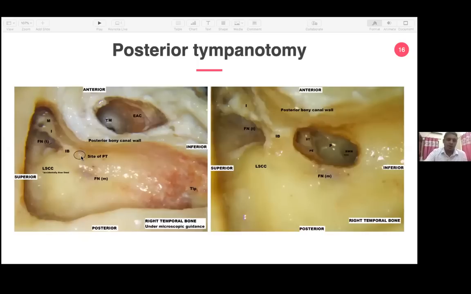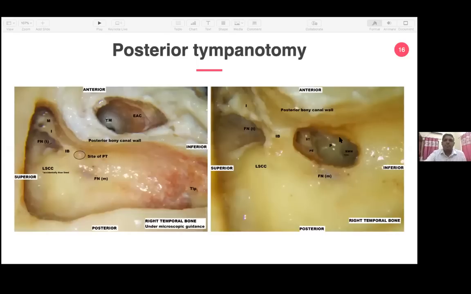Now we have something called boundaries for posterior tympanotomy. What are they? Superiorly the incus bar, inferiorly the facial and chorda junction here, that is called the chordofacial angle. Posteriorly and medially is the facial nerve. Anteriorly and laterally is the chorda tympani.